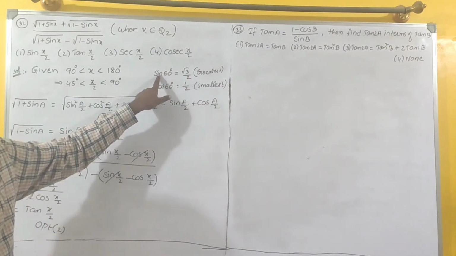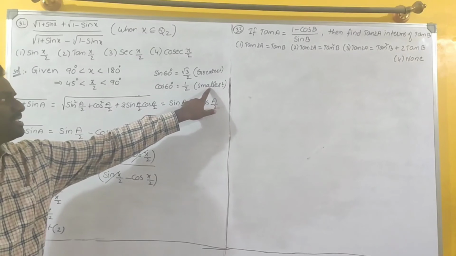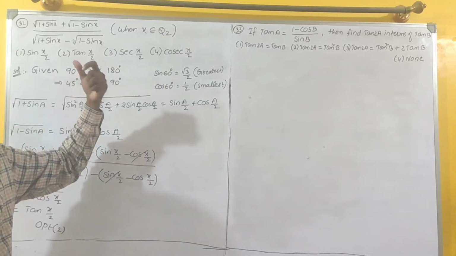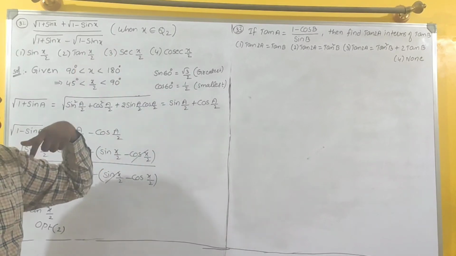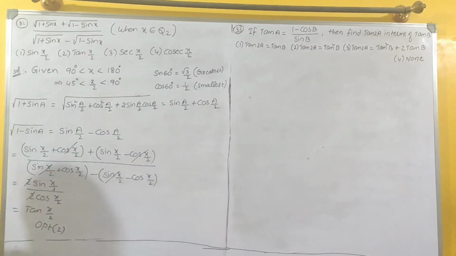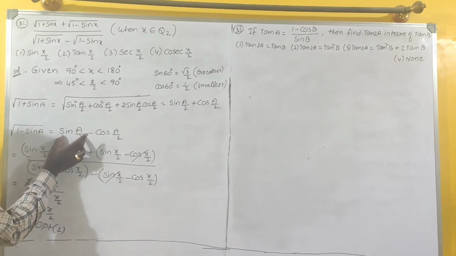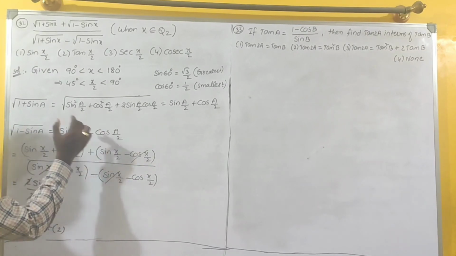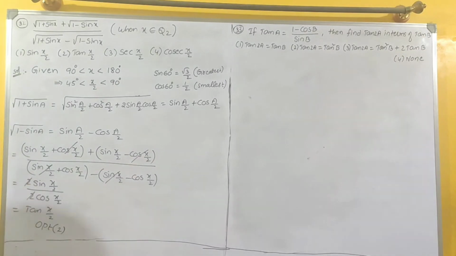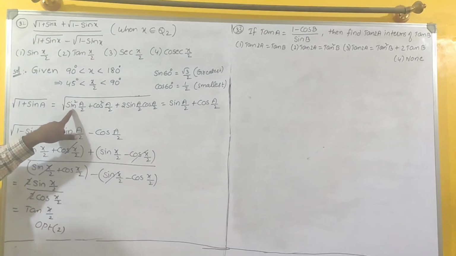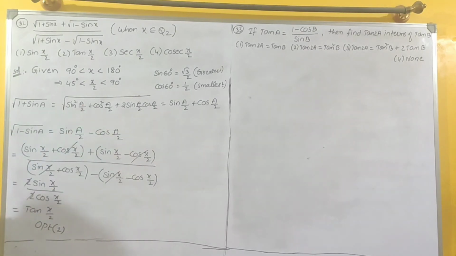Greatest is sin. Which is smallest? Cos is smallest. Means you write the first greatest term, next smallest term. Why? Because here minus symbol is there. If you take first greatest, next least, you will get positive answer. That's why, because of this reason, first I wrote sin, next I wrote cos.